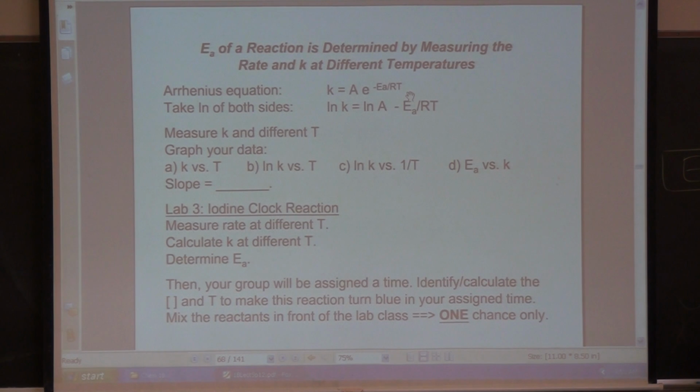Look at this equation, and based on it, how would you graph your data? When you graph your data, you want to be able to draw a straight line through the data points. So what would you graph here?